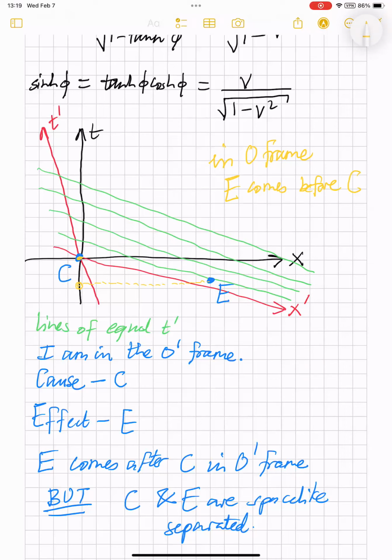And the claim is, if the effect is space-like separated from the cause, then there is some Lorentz frame in which the effect happens before the cause, so you spoil causality. Okay? So if the effect is space-like separated from the cause, then even if the effect comes after the cause in some Lorentz frame, you'll be able to see the effect coming before the cause. And this is what this diagram illustrates.